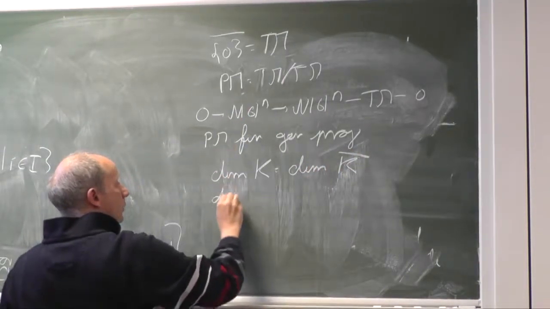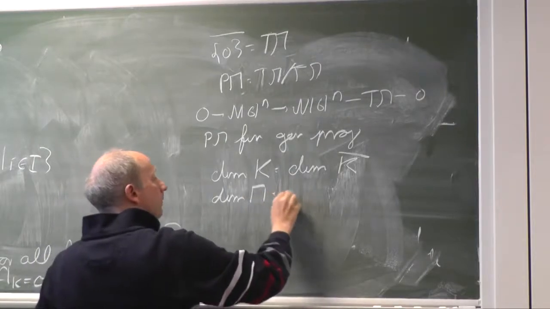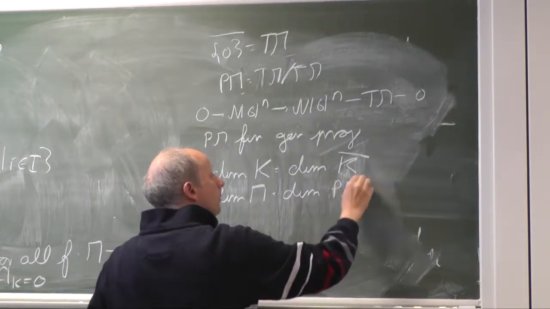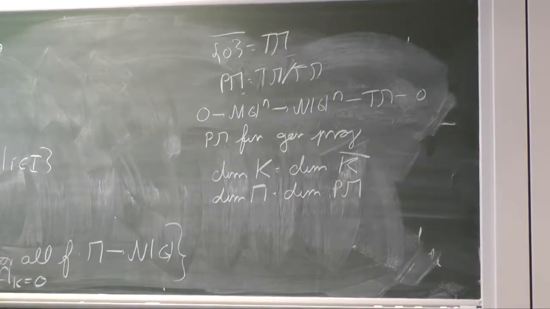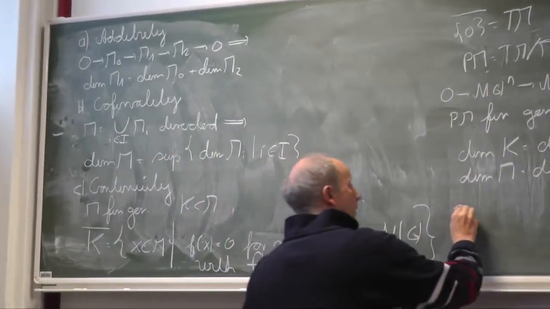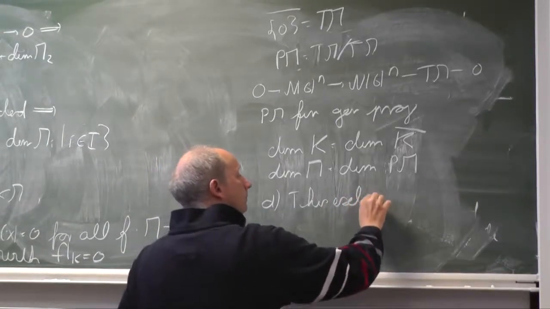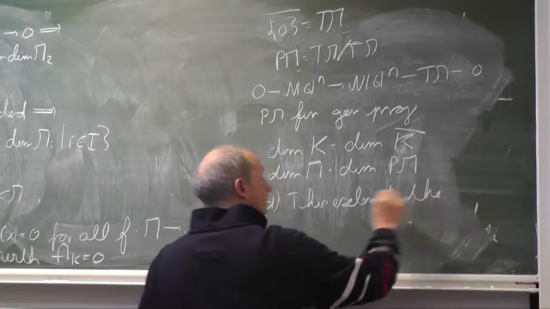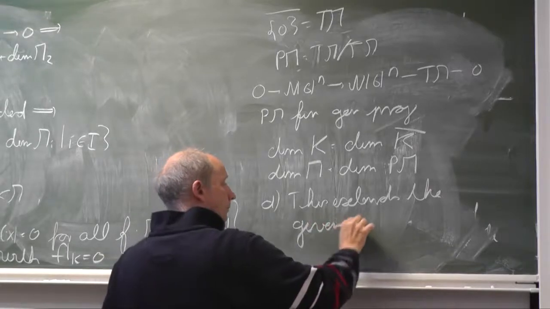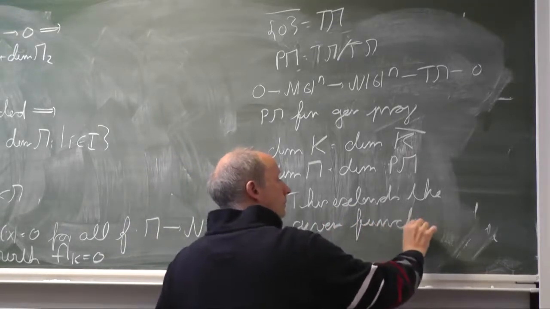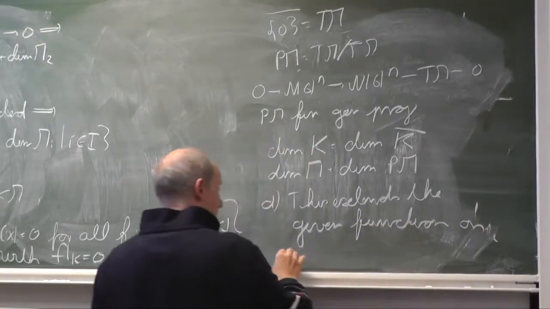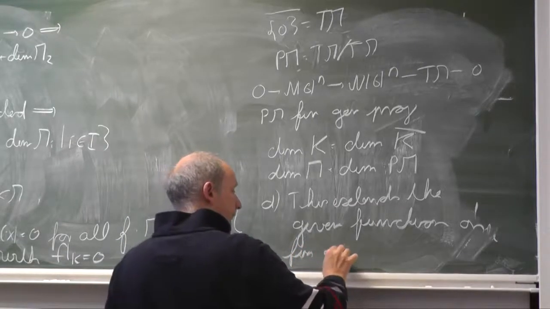And in this particular case, the dimension of M is the dimension of this projective part. But I forgot to mention, of course, at the very end, this extends the given function on finitely generated projective modules.